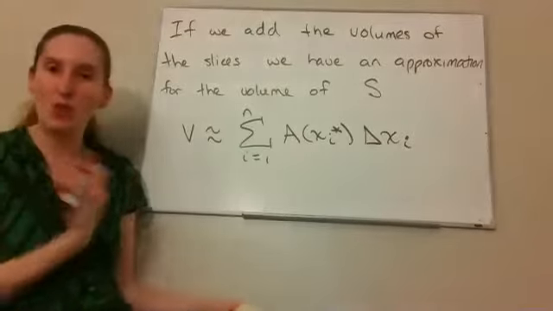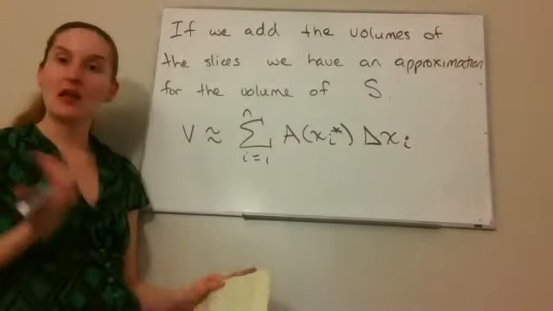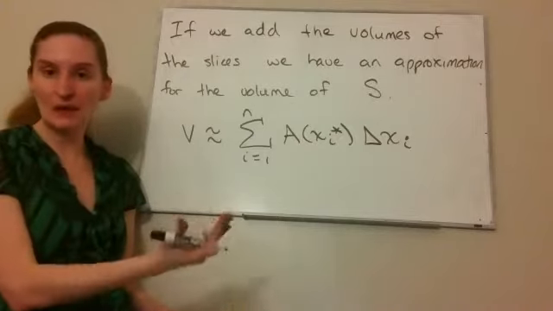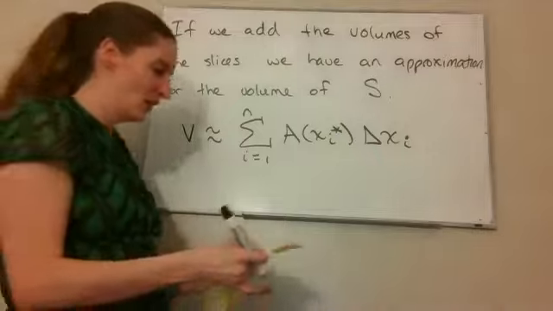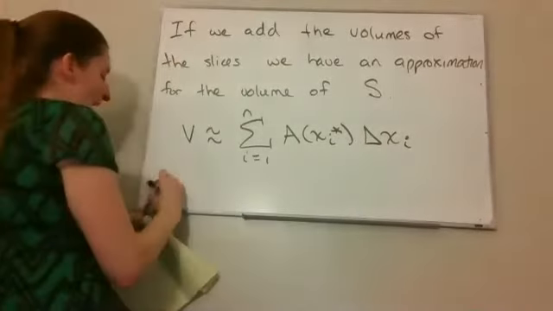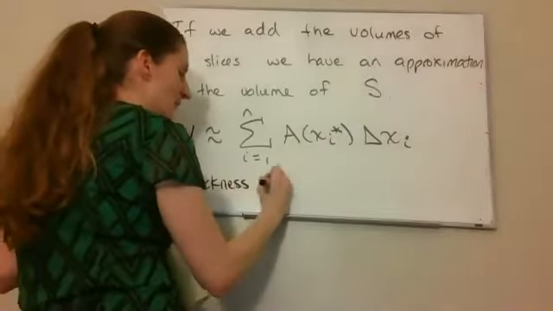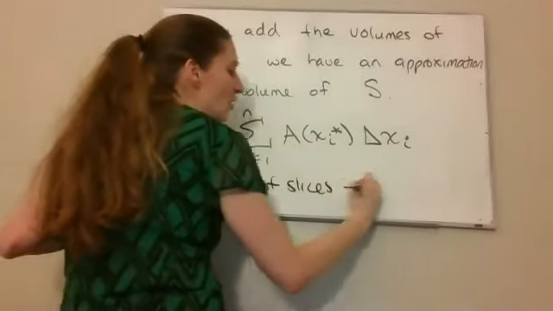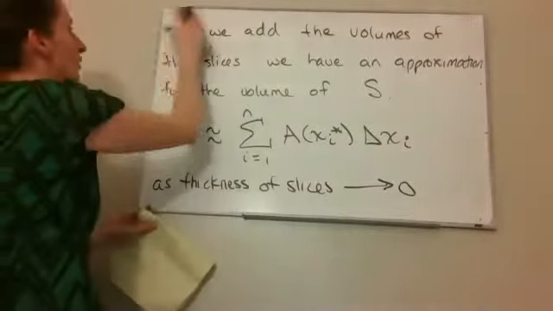Now, when we take more slices, we're going to have a more accurate volume. Equivalently, taking more slices means the slices get infinitely thin. So, as the thickness of the slices approaches 0, we're going to get the actual volume.